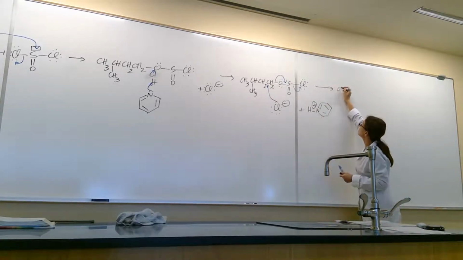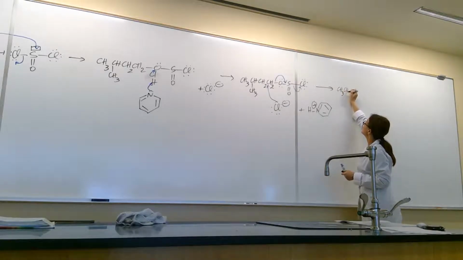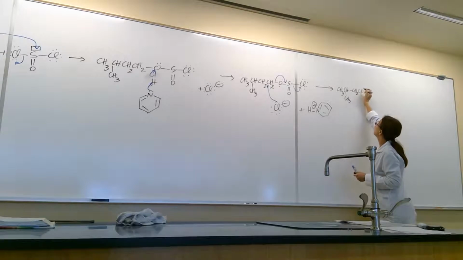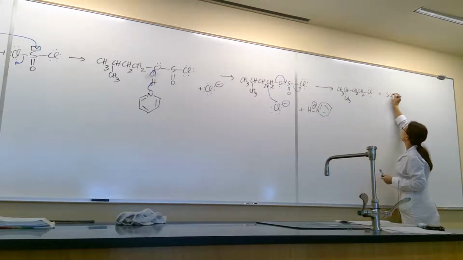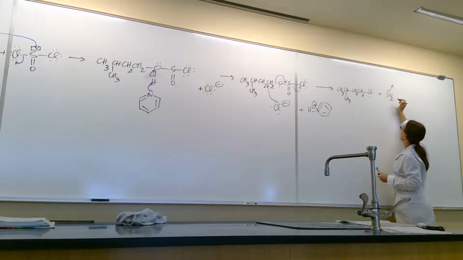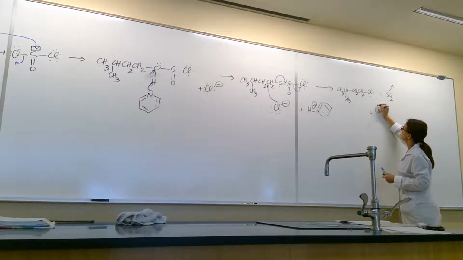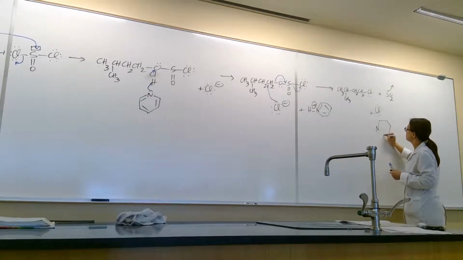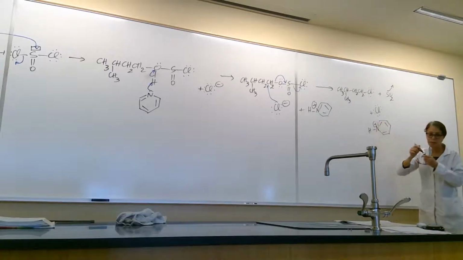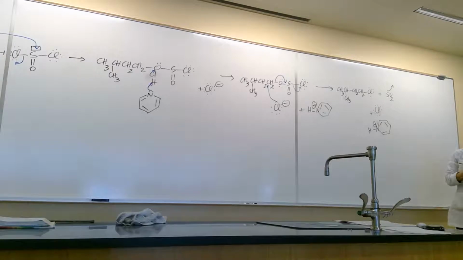So it's CH3, CH. And then we have Cl minus. So the Cl minus will be with the pyridinium ion. And the pyridinium ion will give its hydrogen to the chloride.